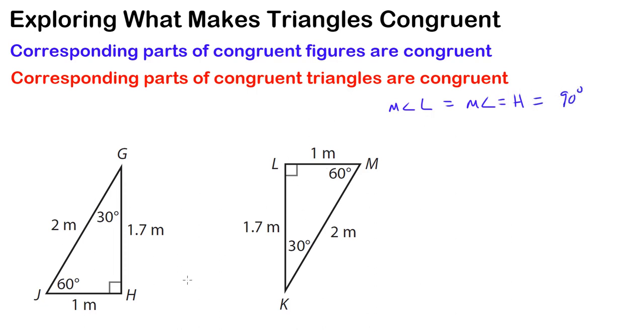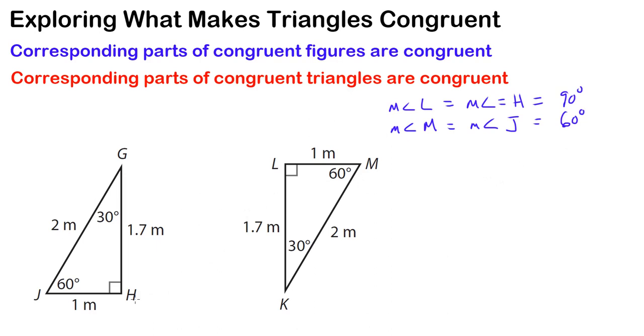If I look over now at angle J, it is 60 degrees, and angle M is 60 degrees, so we could say the measure of angle M is equal to the measure of angle J, and they both equal 60 degrees.